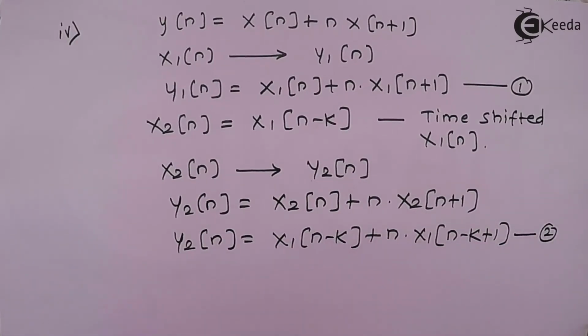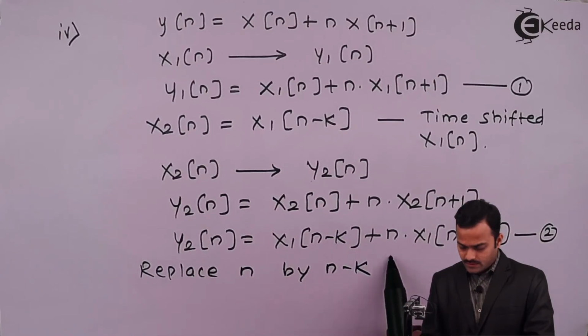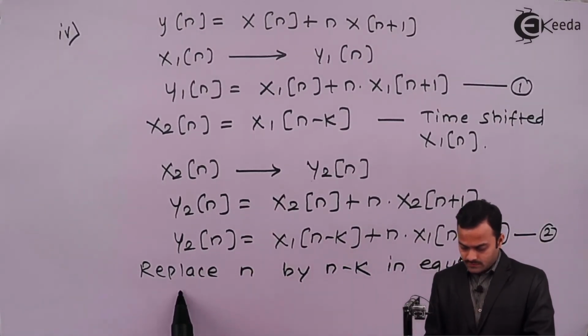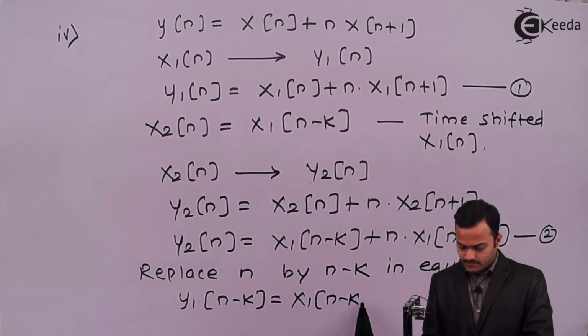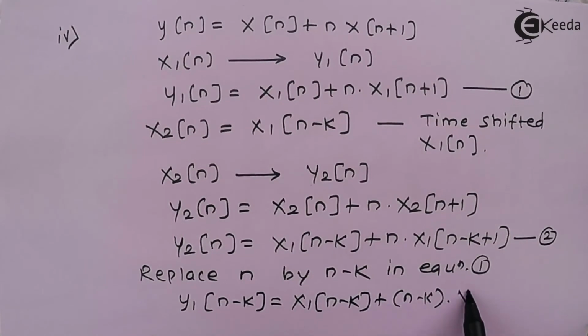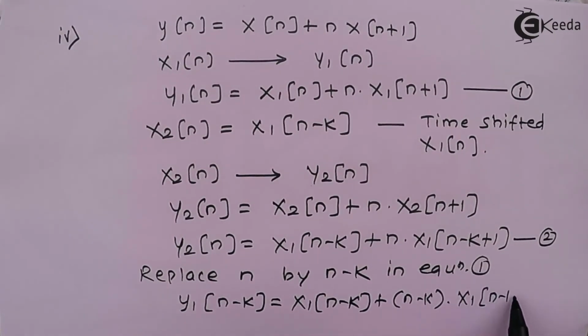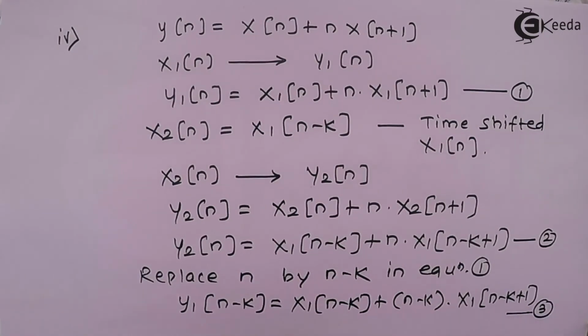To check the time invariance property of a system, we need to replace n by n minus k in equation 1, which is y1 n minus k equals x1 n minus k plus n minus k x1 n minus k plus 1, equation number 3.